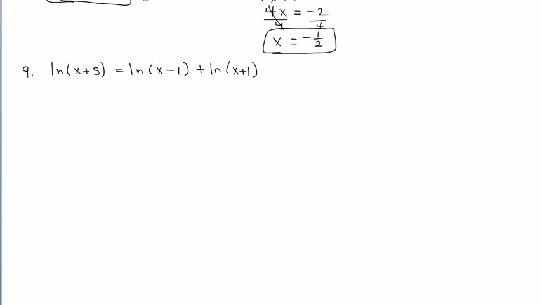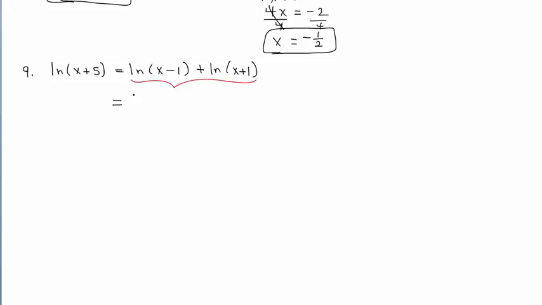So what do we do? Well, we can make one log expression on this side of the equation by thinking about our log properties. Because I see a plus, I'm thinking of the product property. If both of these expressions have the same natural log and I have a plus between them, I can condense these two into one ln expression.